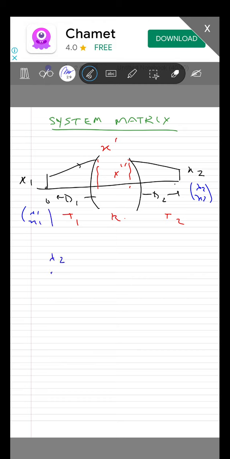So lambda 2 x2, where the ray ultimately reaches, is equal to 1 d2, 0 1, considering mu equal to 1.